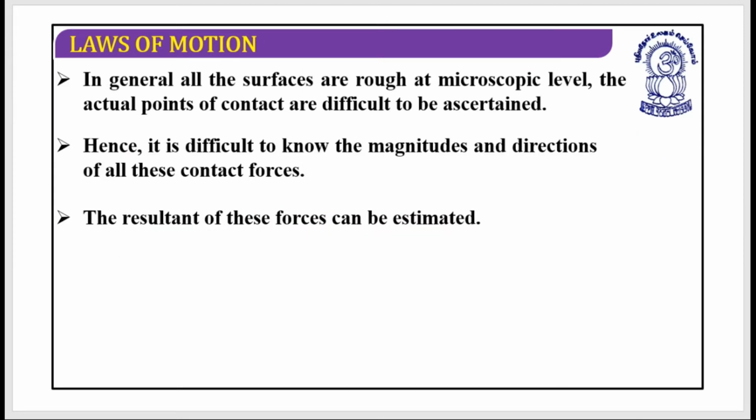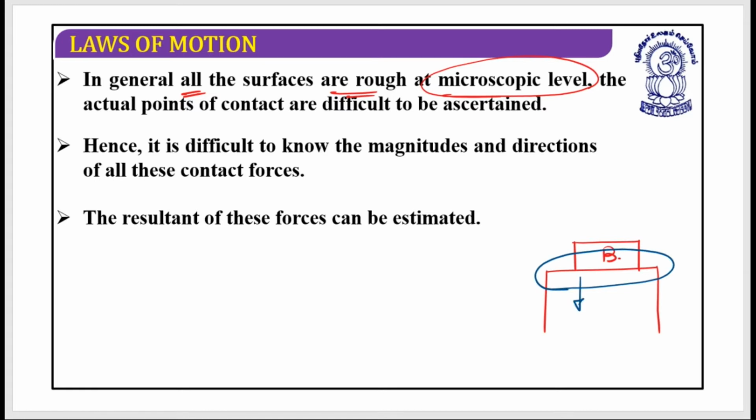Next, in general, all surfaces are rough at a microscopic level. Understand this situation: let's suppose this is a table and on this table a certain book has been kept. If I see this situation at a very microscopic level, then this is the surface of the book and this must be the surface of the table.